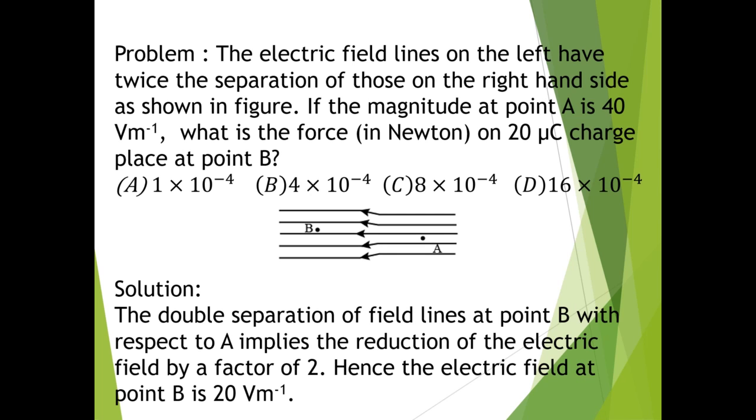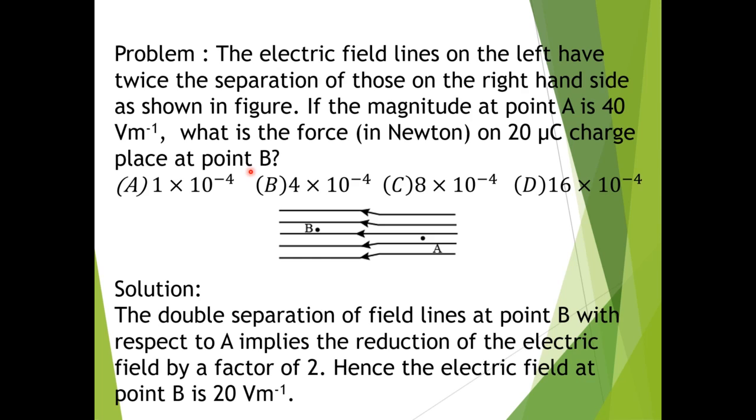The electric field lines on the left have twice the separation of those on the right hand side as shown in figure. If the magnitude at point A is 40 volt per meter, what is the force in Newton on a 20 microcoulomb charge placed at point B?